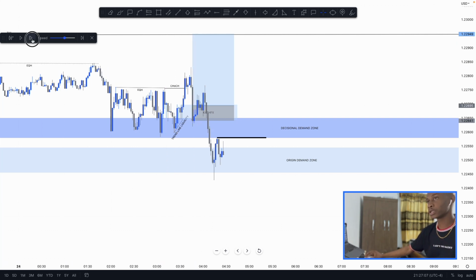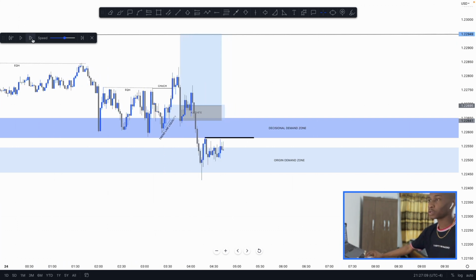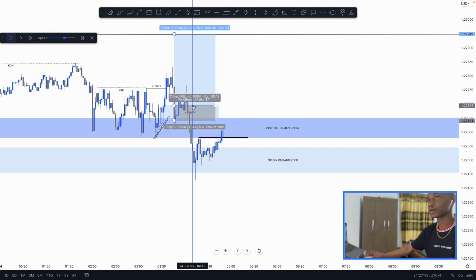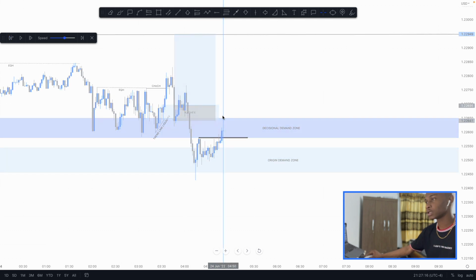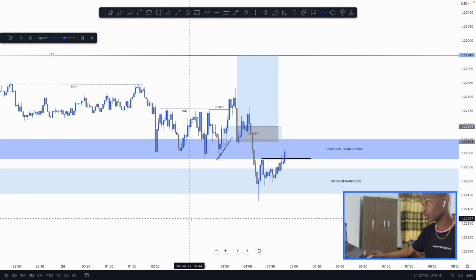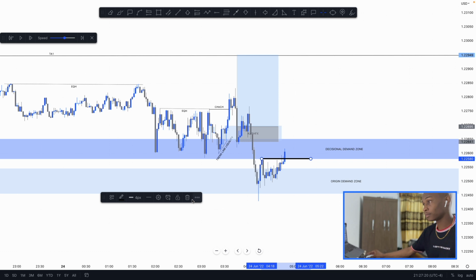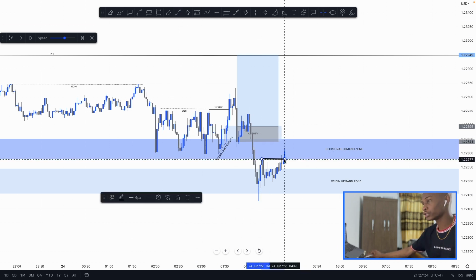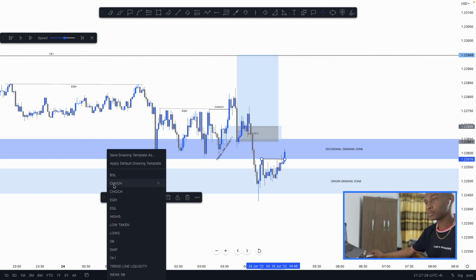Good, so we were here chilling, right? Trusting the process. Good. We got that break right here. So let's just remove this. So once we got that break on the 2-hour time frame, that was the change of character inside our origin, or inside our demand zone rather, which is a good sign.